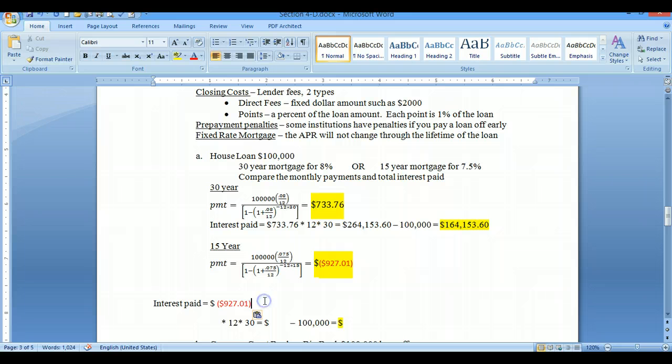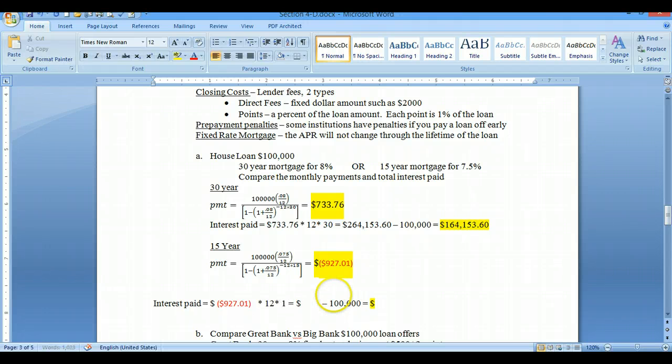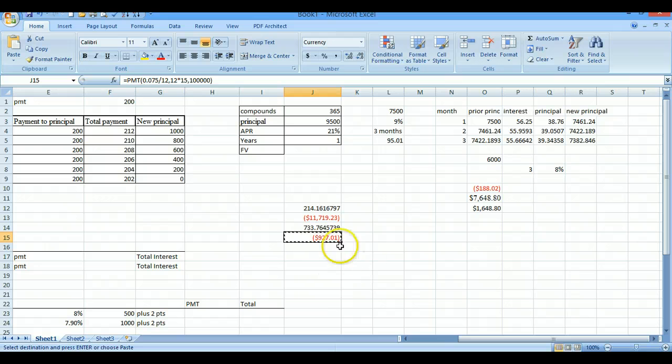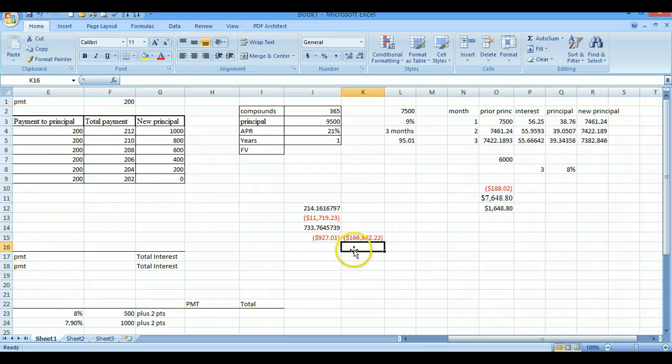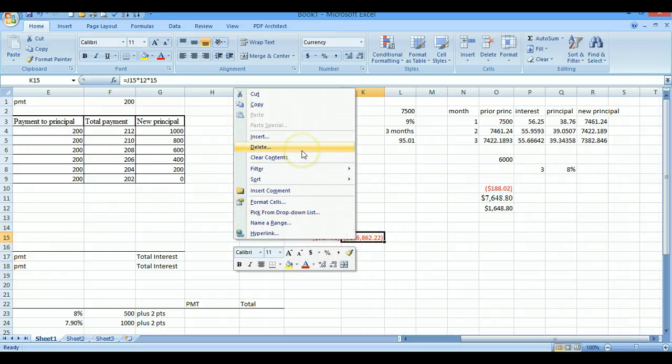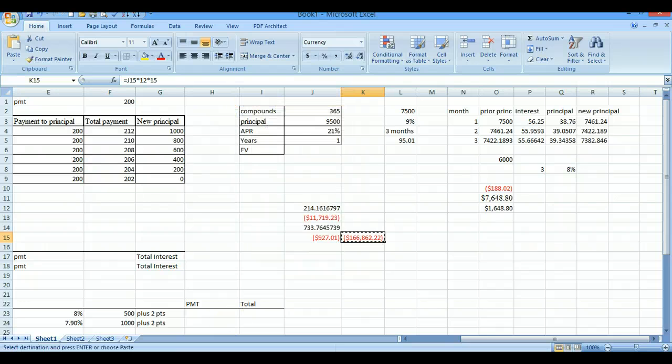And times that by 12 months a year times, in this case, oh, that should be 15 years. And let's come into here, equals this times 12 times 15 years is 166,000, copy this, $862.